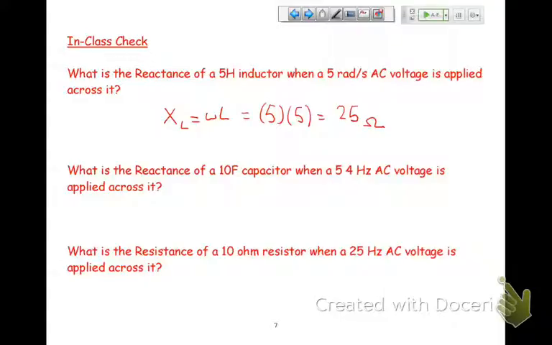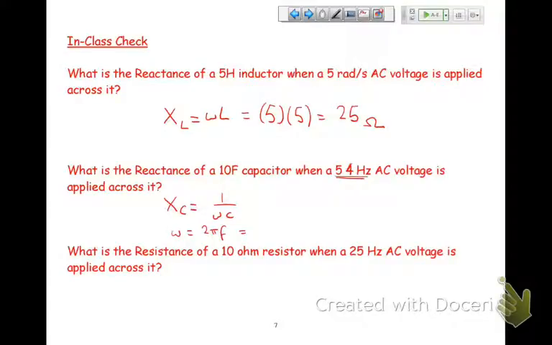And then what is the reactance of a 10 farad capacitor when 54 hertz is applied? Oh, I'm being a bit devious now. So XC is equal to 1 over omega C. But omega is not given to me. I'm given f, frequency in hertz. So I've got to remember that omega is equal to 2 pi f.